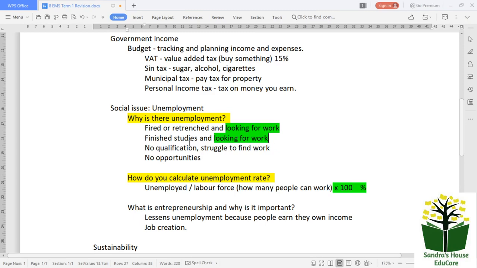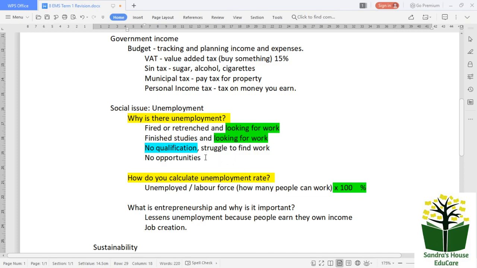So these people are usually the people who are worst off of the bunch, because they might try to find work, but they're really struggling to find work. The rest of the people in this, most of them have qualifications, so it's easier for them to find jobs.